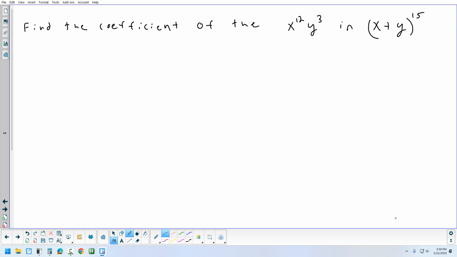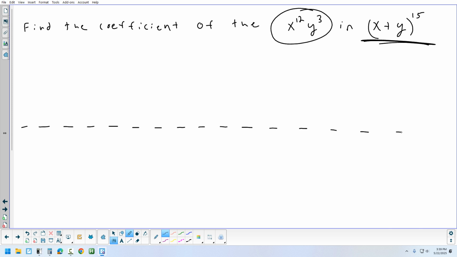Okay, so this one they want us to find a single number that would be in front of this term in the expansion of that binomial. When you expand x plus y to the 15th, how many terms do you get? 16. You get 16. You don't really have to make a chart.